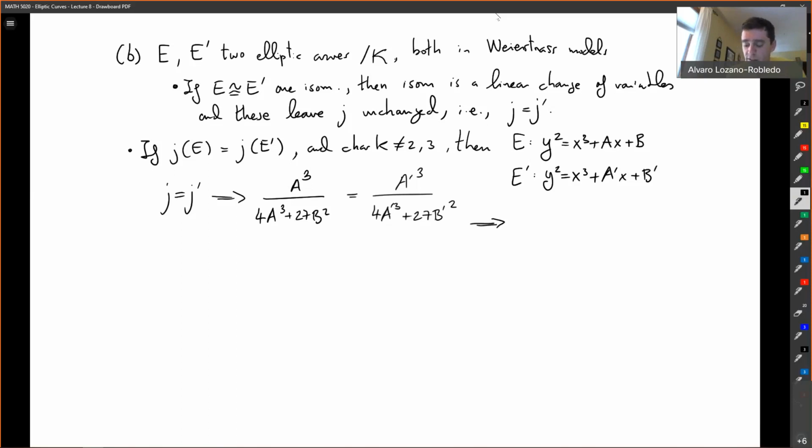The a cubed times 4a prime cubed and the a prime cubed times 4a cubed will cancel out, and what you end up getting is that a cubed b prime squared equals a prime cubed b squared. Okay, so you get this equality, and now we're going to argue case by case.